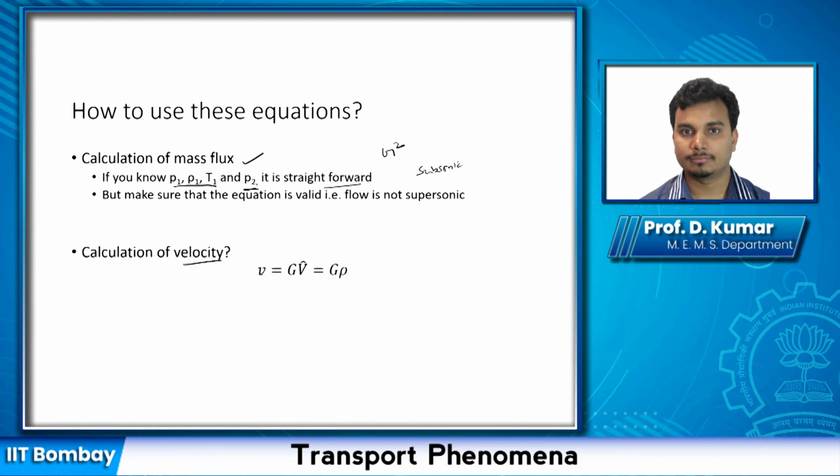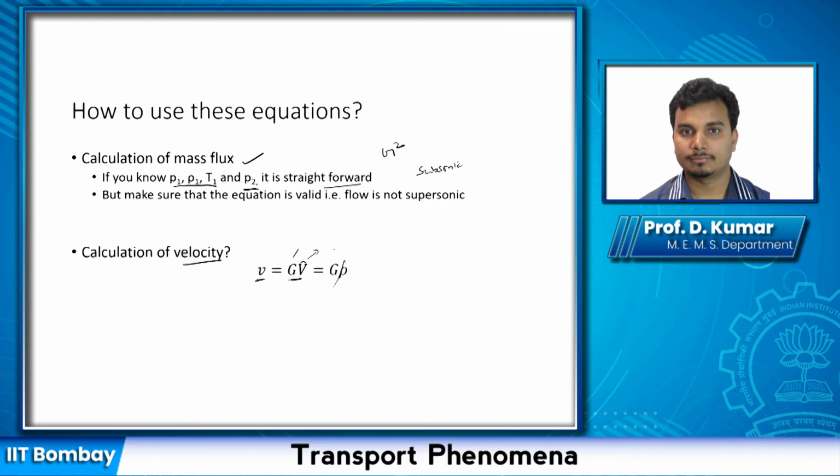And to calculate velocity, you calculate V. V is G times 1 by rho. It should be G by rho, right? Okay. So once you know G, you again need to calculate rho.